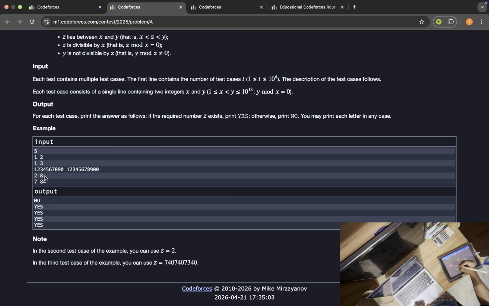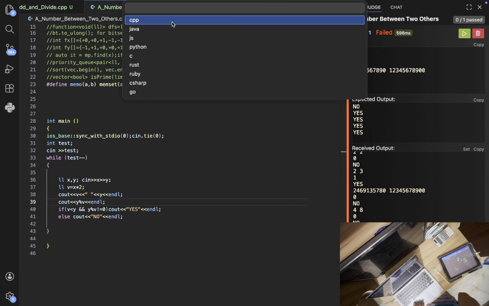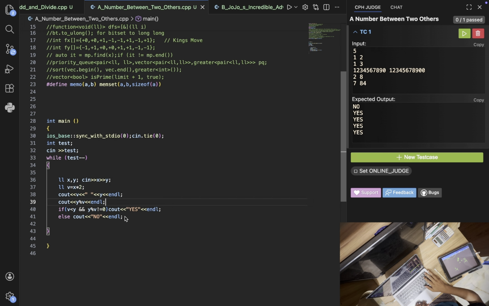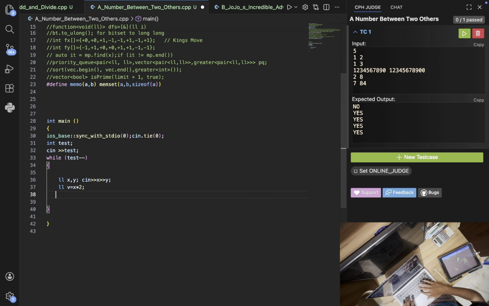Okay, so 8 by 2 is what? 8 by 2 is 4, and so I can use 3. Z equals to.